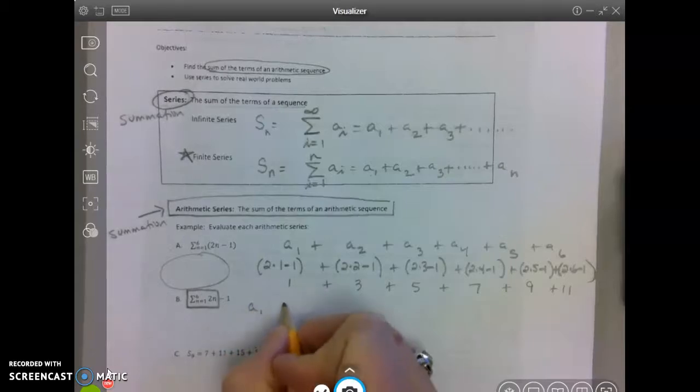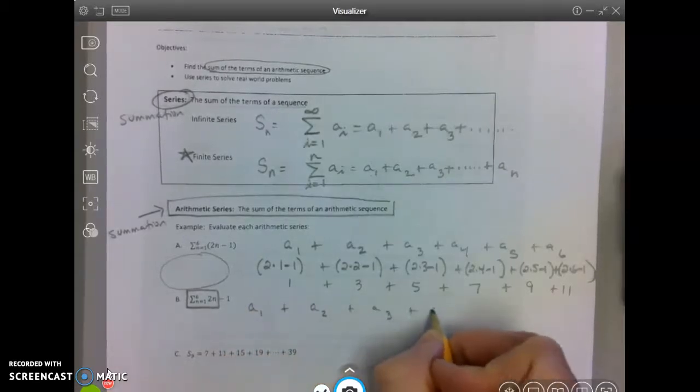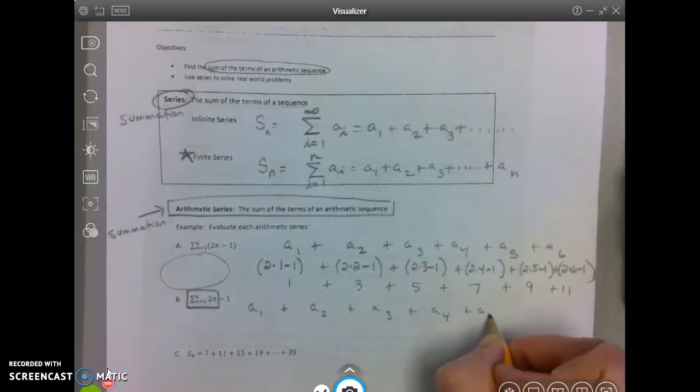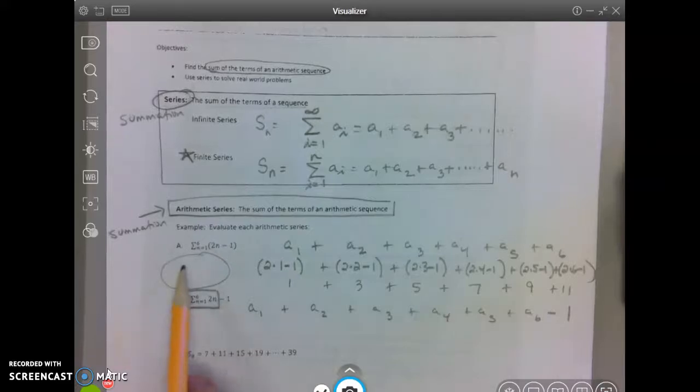So I'm going to have a sub 1 plus a sub 2 plus a sub 3 plus a sub 4 plus a sub 5 plus a sub 6, and then I'm going to subtract 1. On this one, I subtracted 1 for every term because the minus 1 was part of the sequence. Here, I'm only subtracting a 1 at the end. The minus 1 is not part of the sequence.